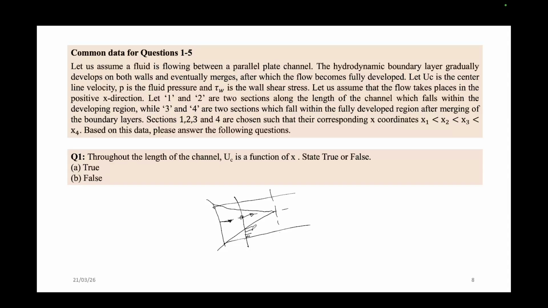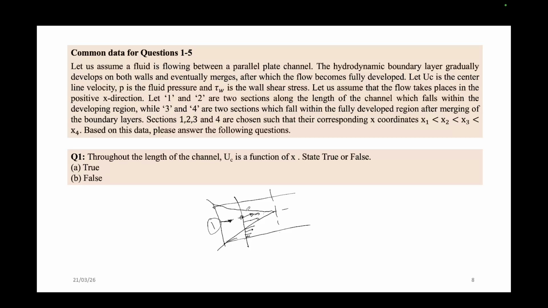Because of the slow increment, if it is 1, 2, 3 here and at this point it is 1 then 5, there is a sudden increase. That incremental value is shifted to the central point, so that's why this velocity increases.